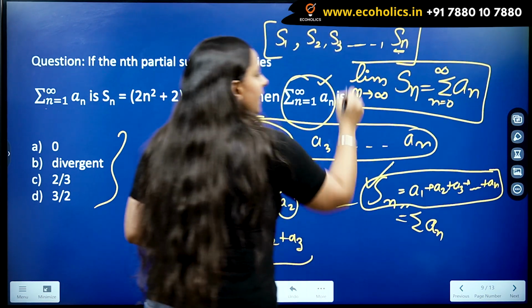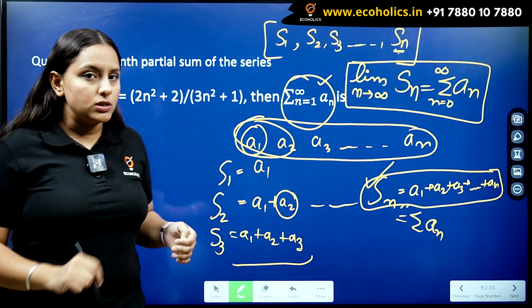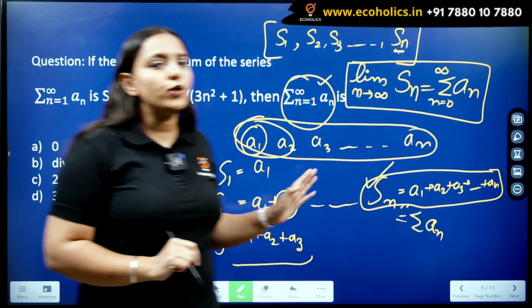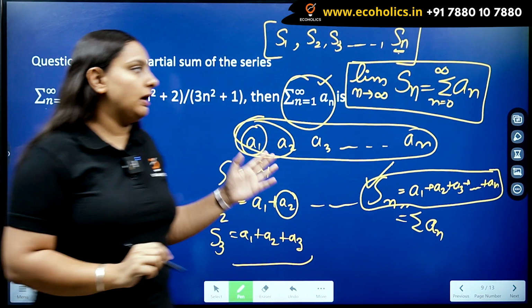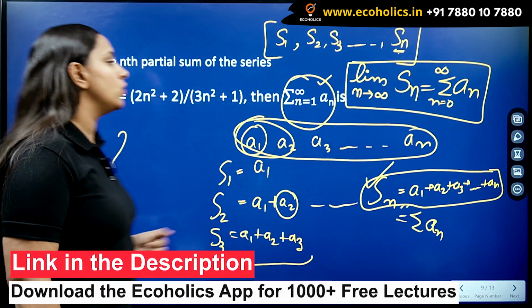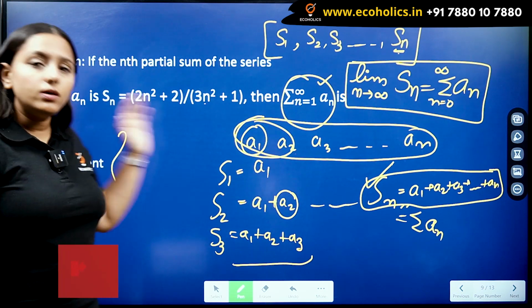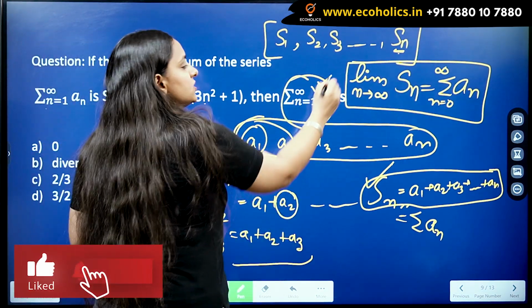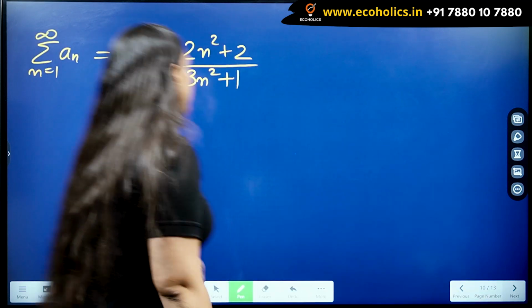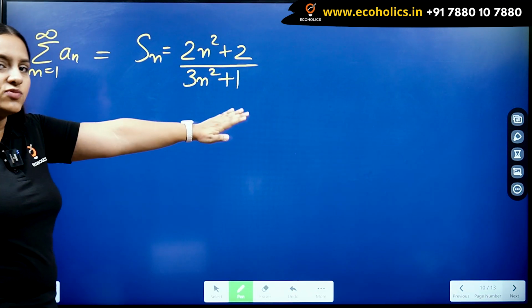So this is a very important concept in the case of series, and if you can understand this, all of your questions from series would be done, right? So using this concept, I'm going to solve this question. Here we have to find this value. So let us see how we are going to proceed. Alright, the question provides us with this information.